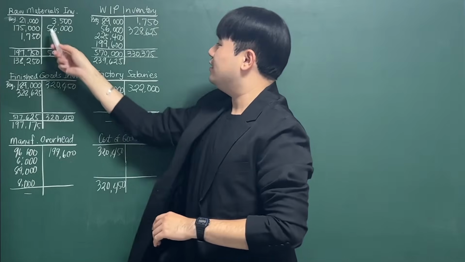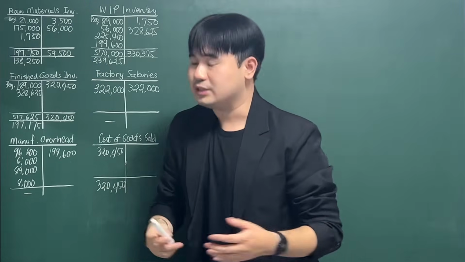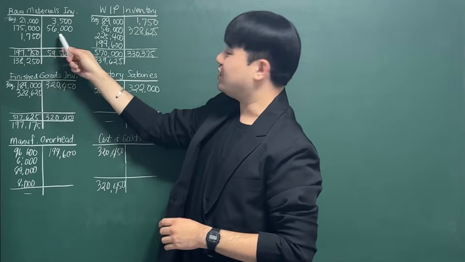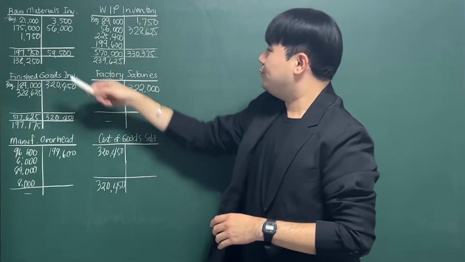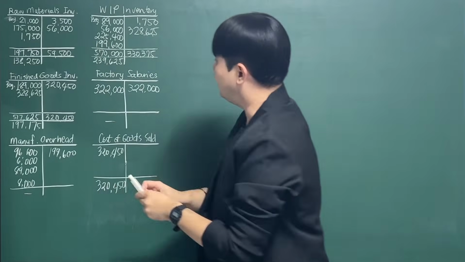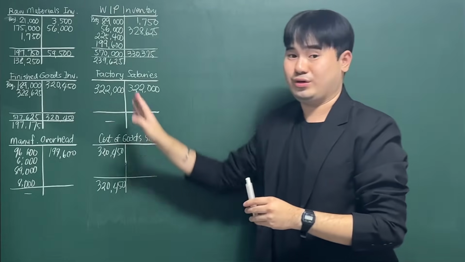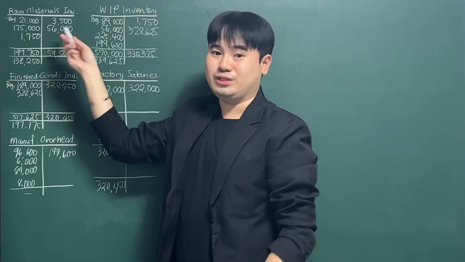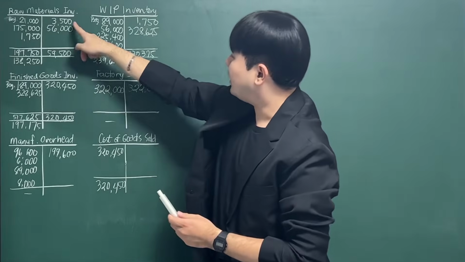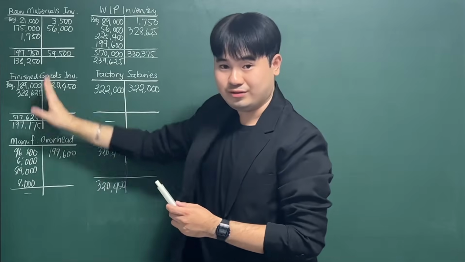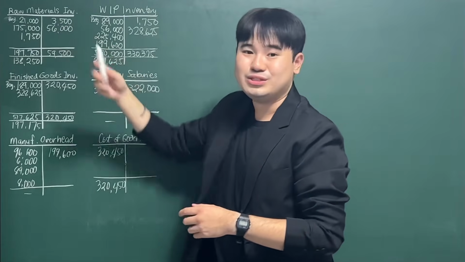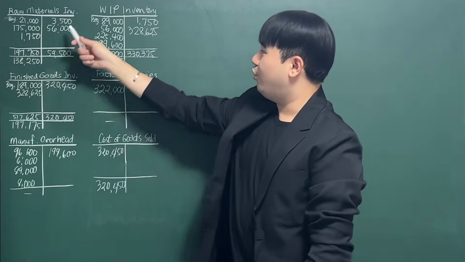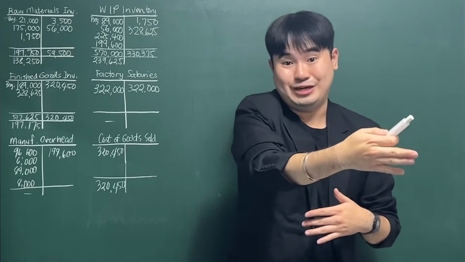Okay, now let's look on the credits of your raw materials. For the credits of your raw materials, we have 3,500 here and we also have 56,000. Now, that 3,500 doesn't actually have anything in our T accounts here. So what might this 3,500 mean? This is credited without any regard to these, so this might be a return of your raw materials to your supplier.